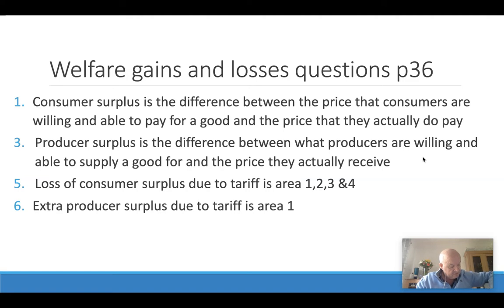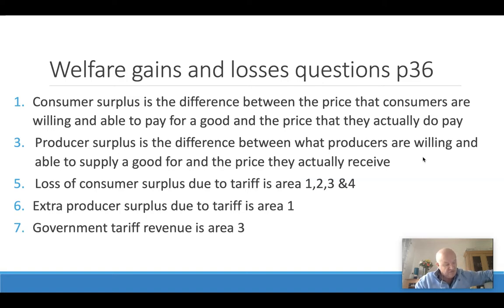If we then take a look at question number 7, which area represents the government's revenue from the tariff? That would basically be area 3. Okay, so that's the box that's included that shows the area of the government tariff that's been generated.